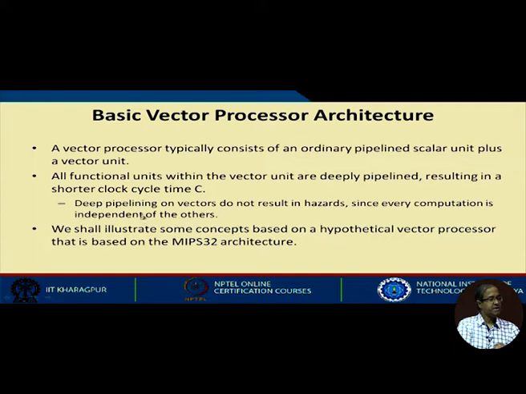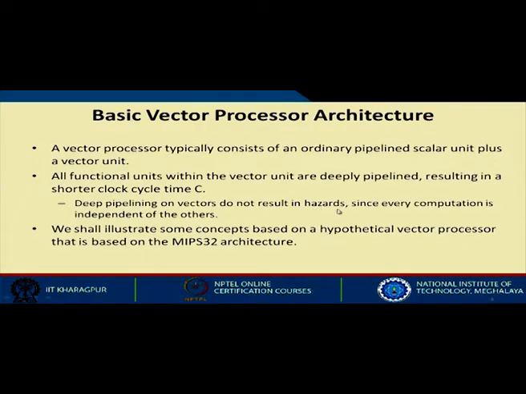Now, another thing you see here: in a normal instruction set pipelining, when we are feeding a number of instructions sequentially in the pipe, there were situations of hazards. But for vector operations, suppose I am adding two vectors A and B, storing the result in C, there are 64 operations going on in parallel in an overlapped fashion, but these operations are all independent.